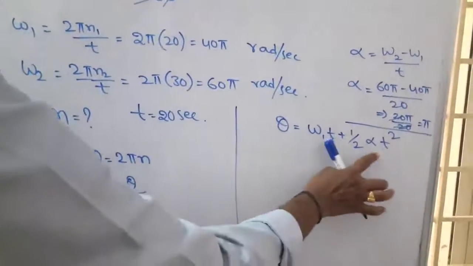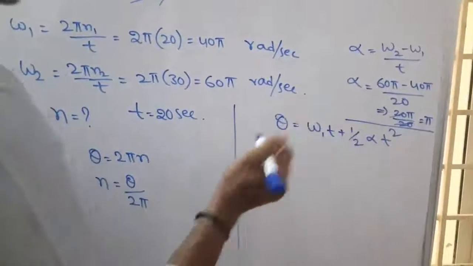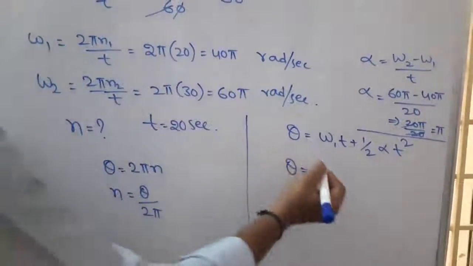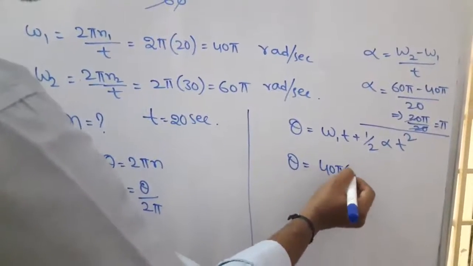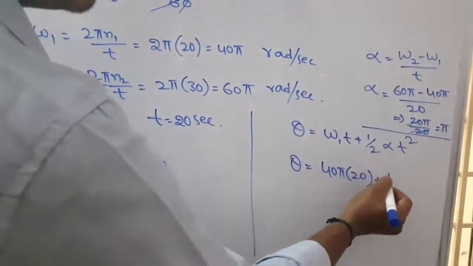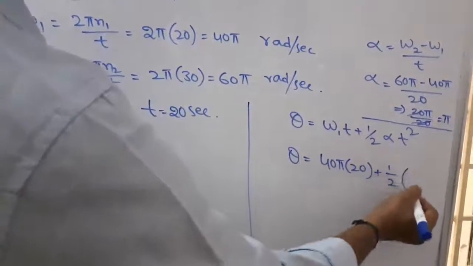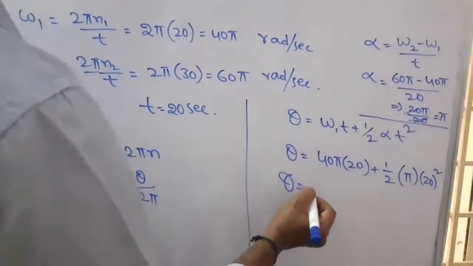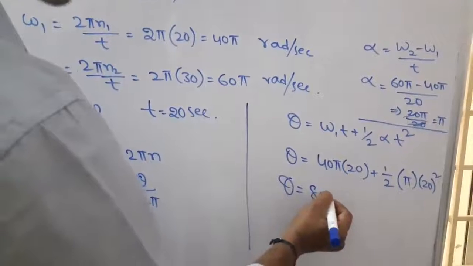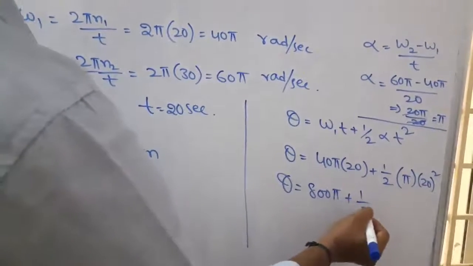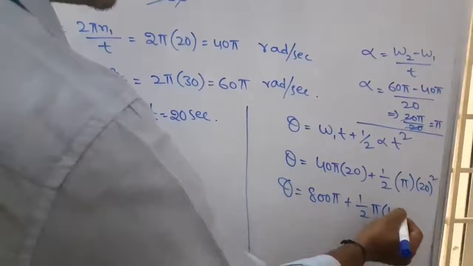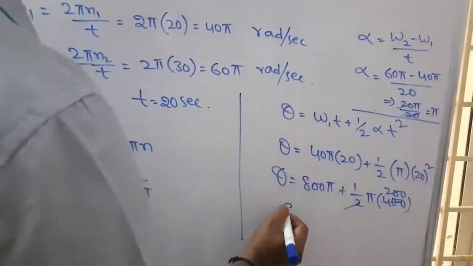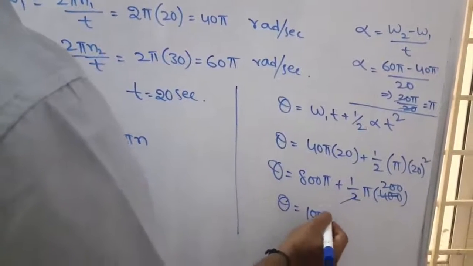Next, we can substitute the alpha value: theta is equal to omega 1, which is 40 pi, into t, which is 20, plus 1 by 2 into alpha, pi, into 20 square. Therefore theta is equal to 800 pi plus 1 by 2 pi into 400, so theta is equal to 1000 pi.